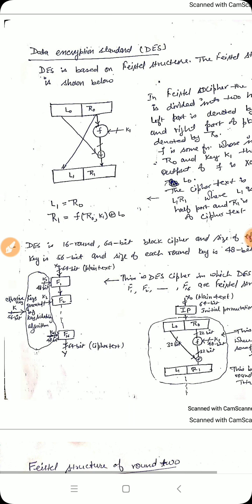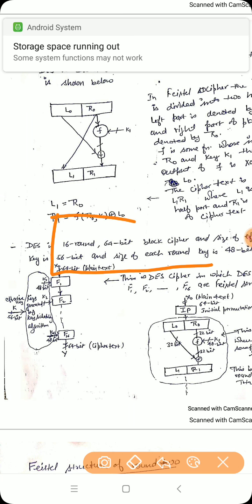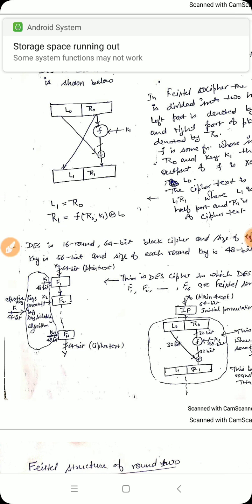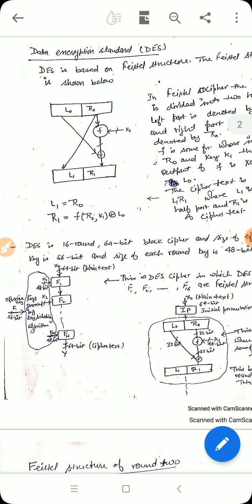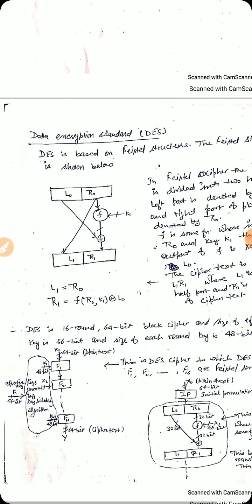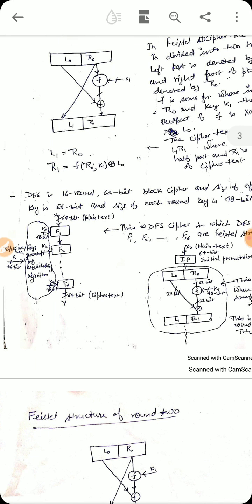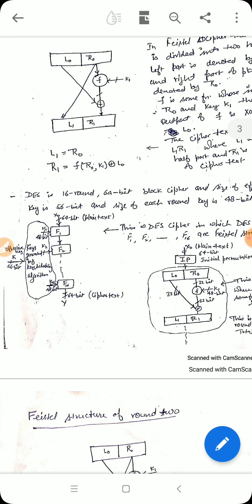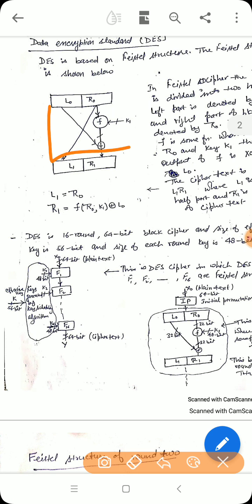Suppose we have this plain text block L0 R0, then this R0 goes to some function f. I will discuss this function.